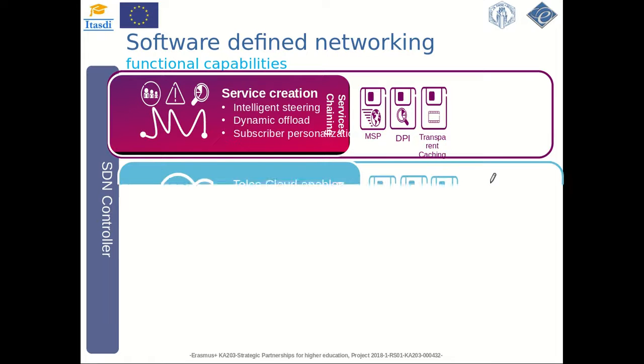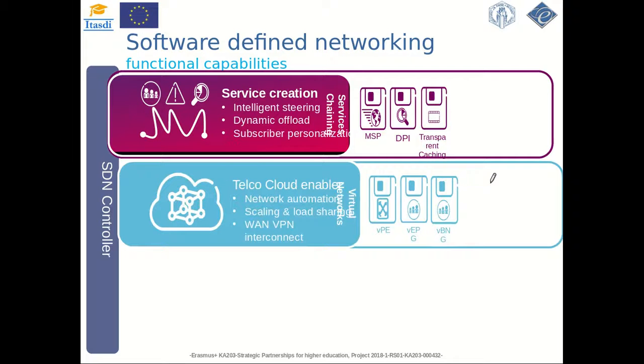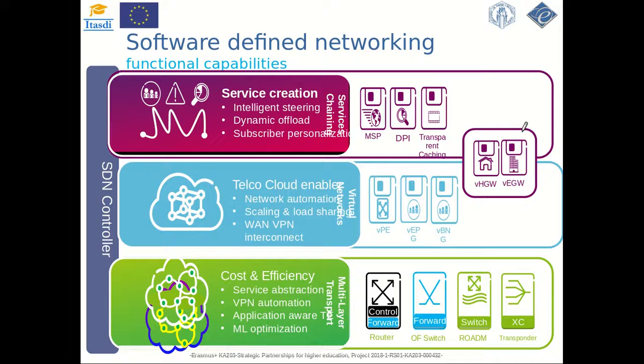Above on the application layer and control layer, we can have more network automation for telcos and cloud, interaction between VPNs, scaling and load sharing, and of course additional services which were not offered previously.